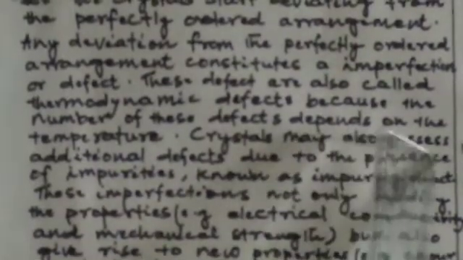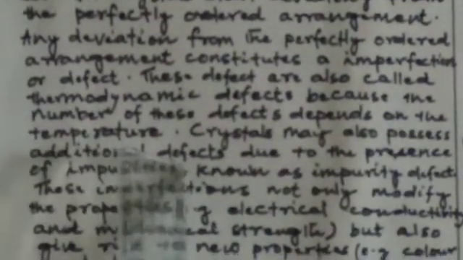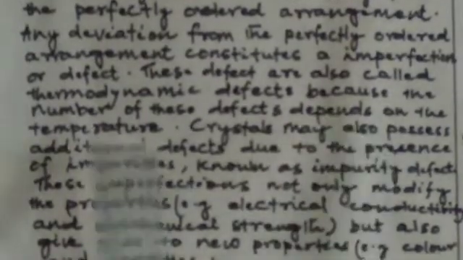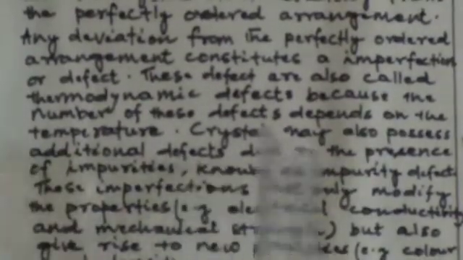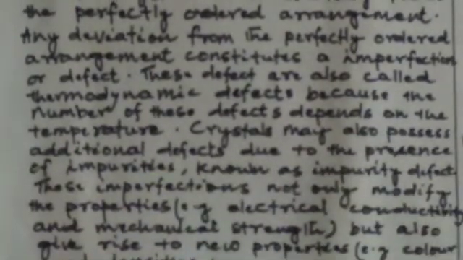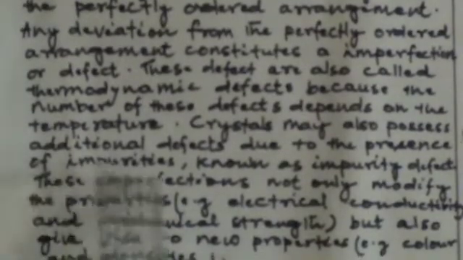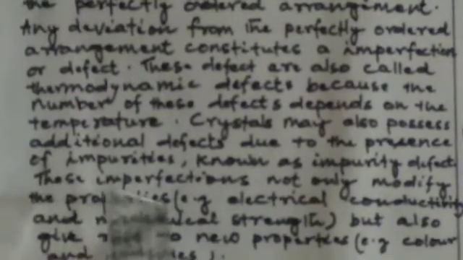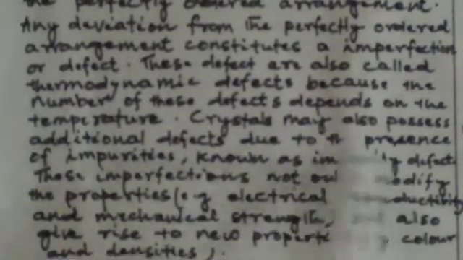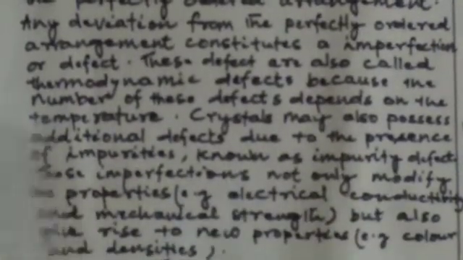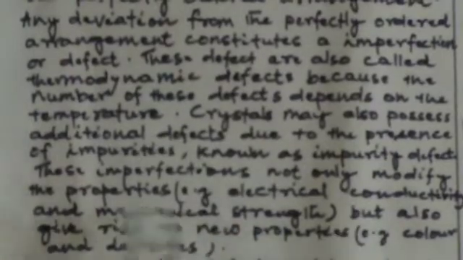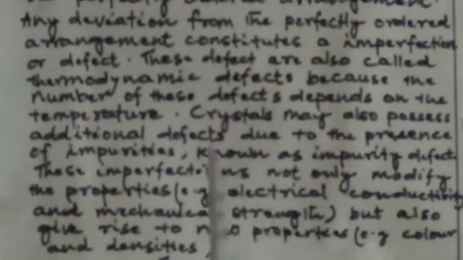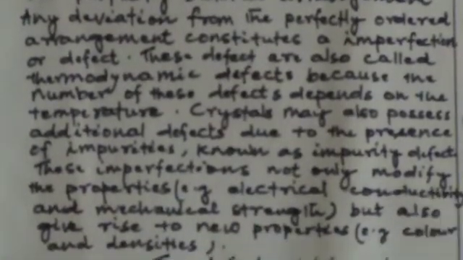Crystals may also possess additional defects due to the presence of impurities, known as impurity defects. These imperfections not only modify properties like electrical conductivity and mechanical strength, but also give rise to new properties like color and densities.